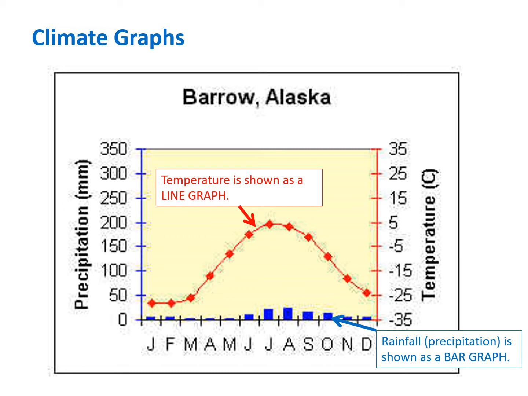Now a key critical piece of advice for describing a climate graph is that you must use figures. You must use figures and data from the graph in order to get full marks in a question like this.